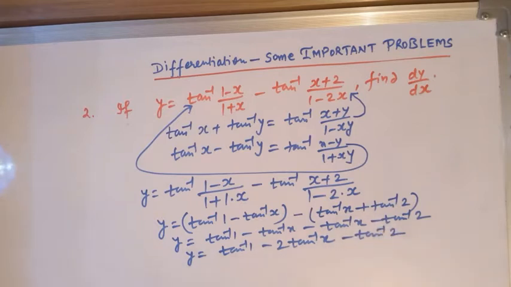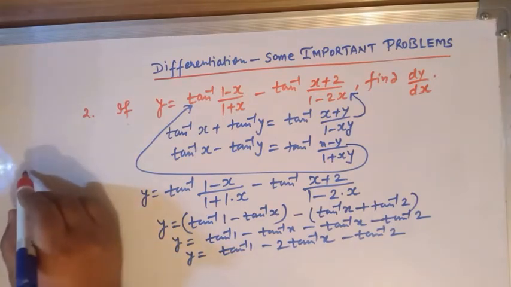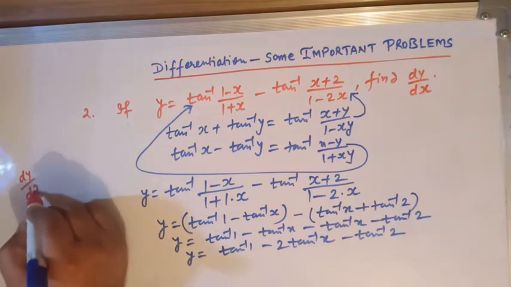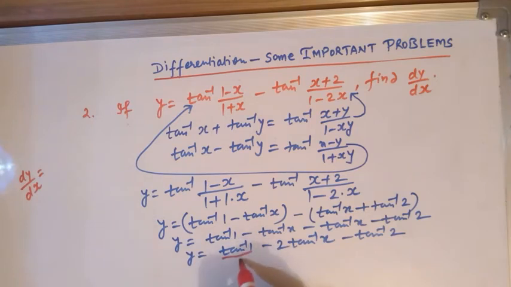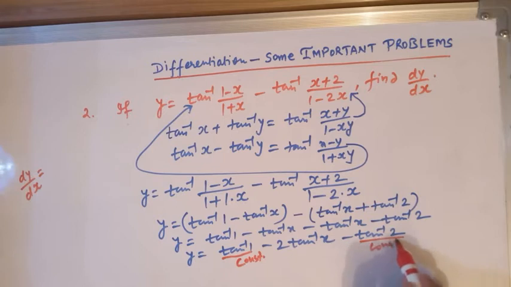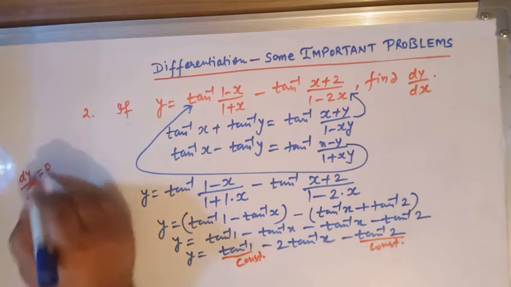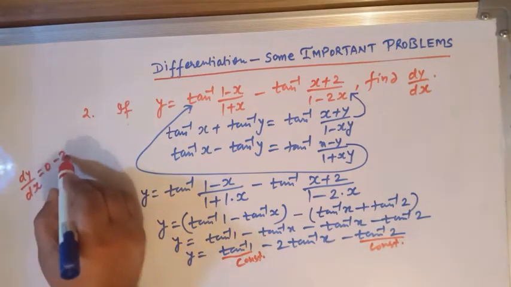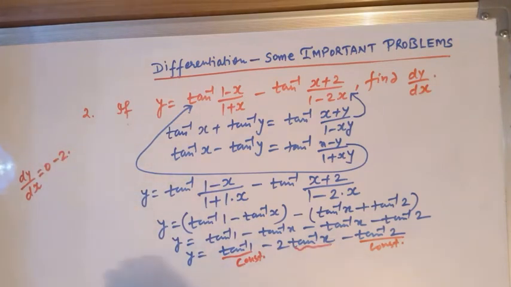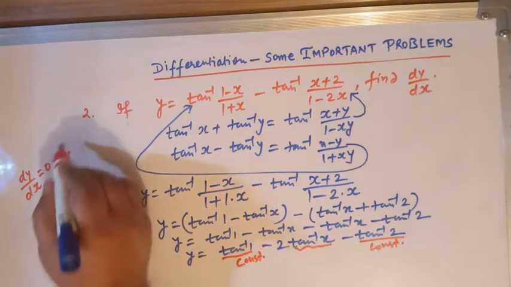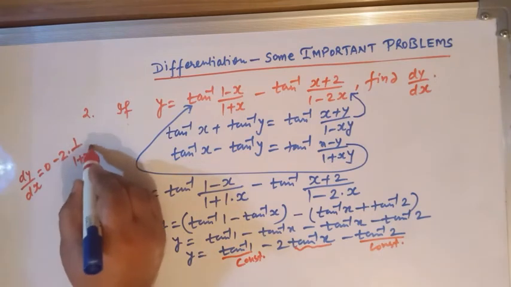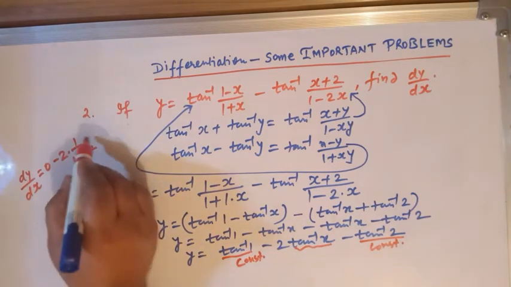Clear? Now, if we differentiate this function, dy over dx: this is a constant, this is a constant, and this is also a constant here, so we have the derivative 0 minus 2 times the derivative of tan inverse x, which is 1 over 1 plus x square, and the derivative of this is 0.